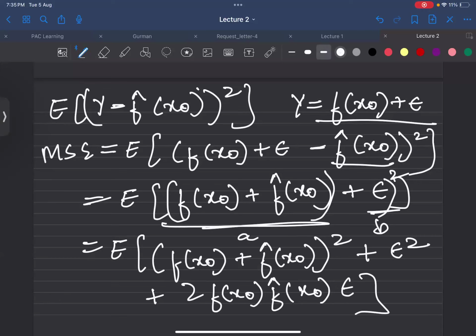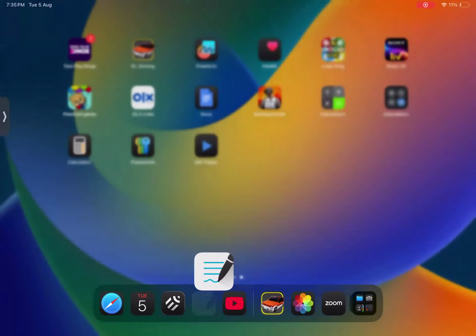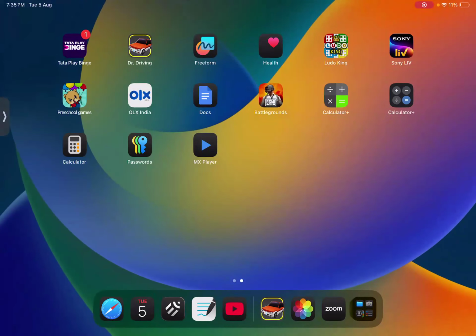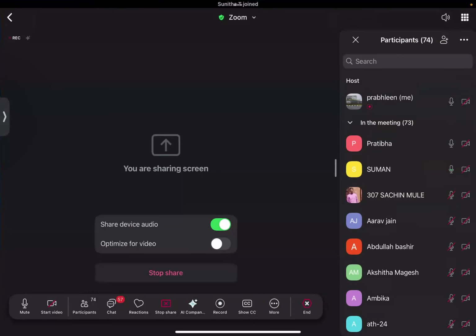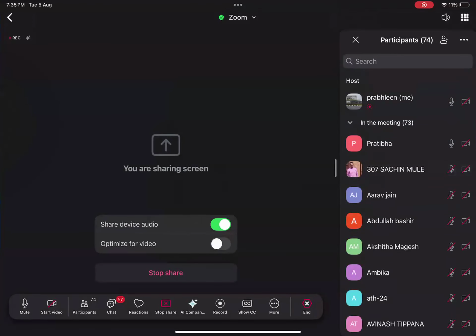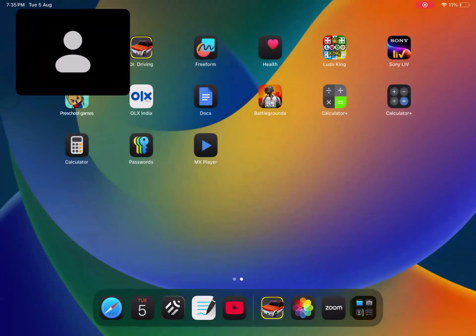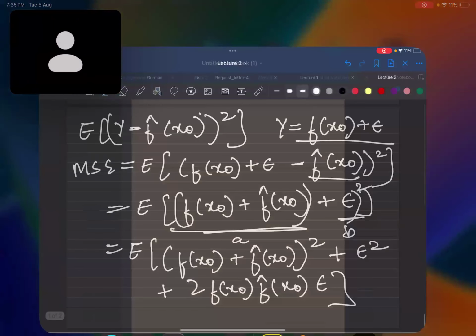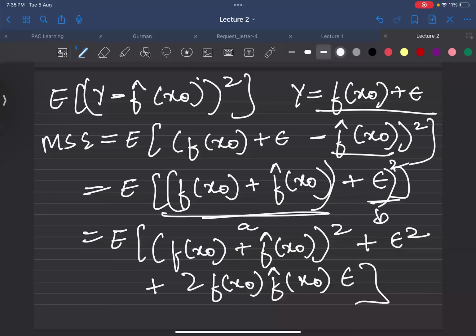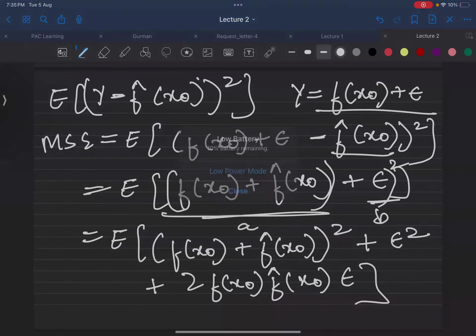Fine. Till now, fine. Should we proceed? Nothing, just substituted the values, rearranged, and had the square.